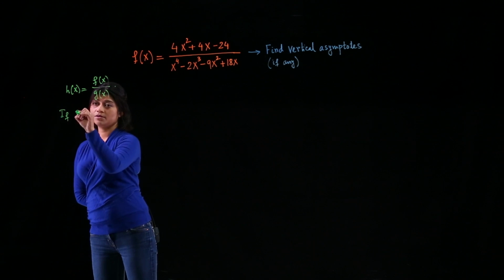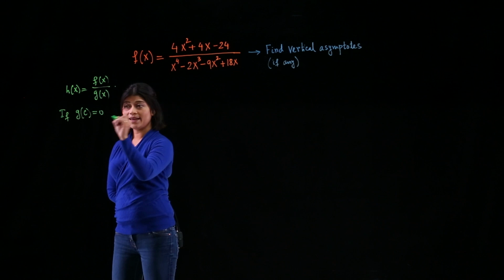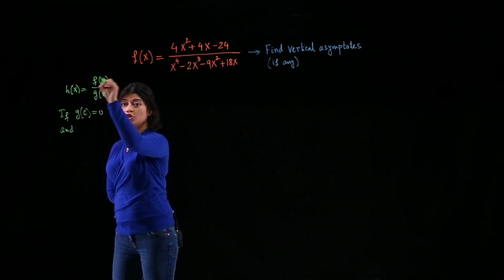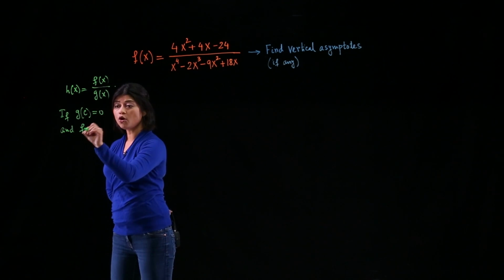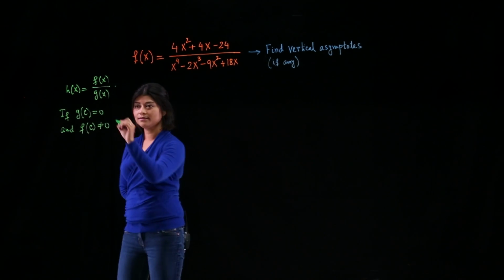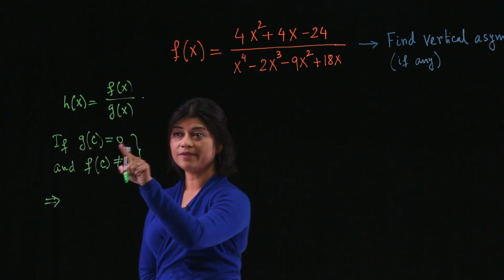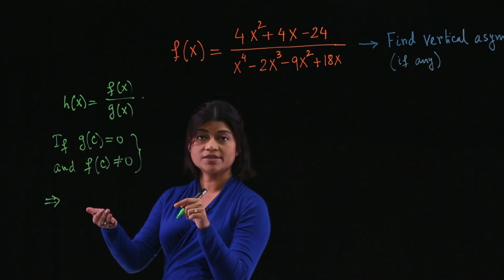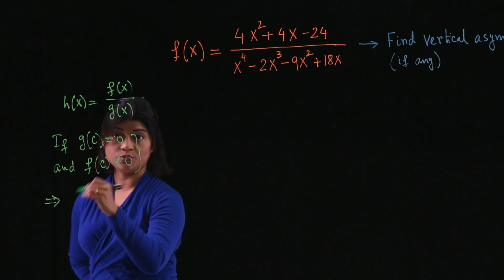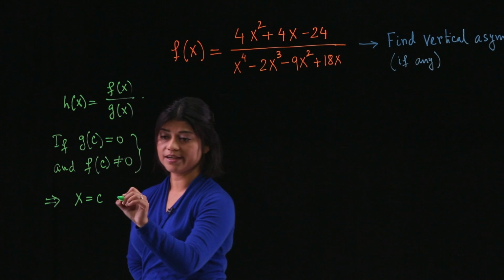So if g of c is 0 and the numerator at that exact point, f of c, is not 0, then that value c will give us a vertical asymptote and the equation will be x equals c. So this line is a vertical asymptote.